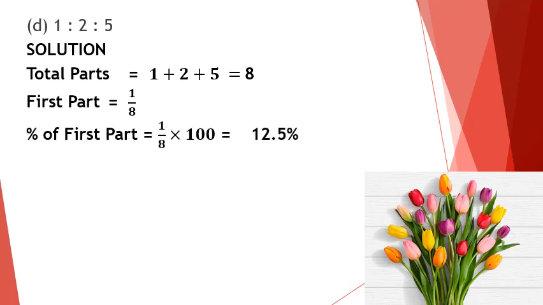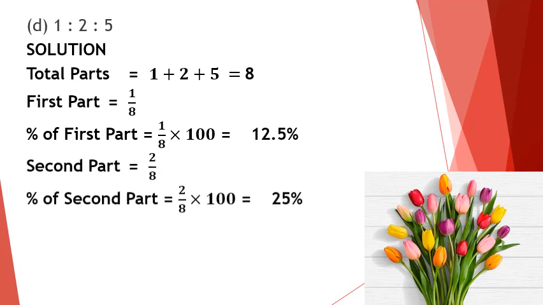By multiplying by 100. So we get 100 upon 8. You can cancel with the 4. So the denominator becomes 2 and the numerator becomes 25. 25 upon 2 gives 12.5%.